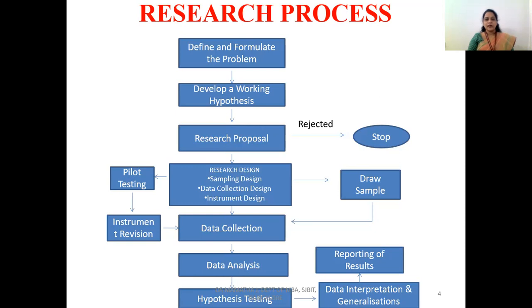Once it is approved, data collection can be started. Once the data is collected, you can start data analysis and finally hypothesis testing. Once the testing is done, you can report the results in the form of a research report. So this is one flowchart regarding the research process.